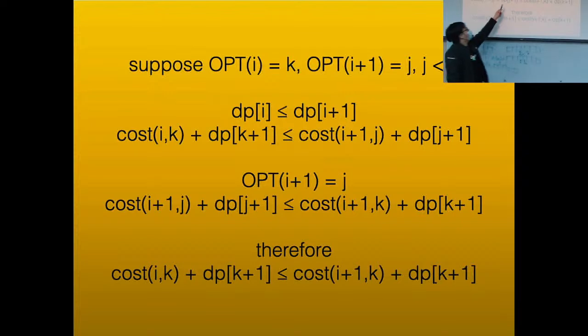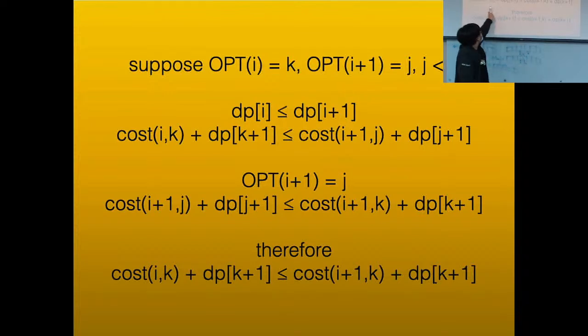Okay, and then we know dp(I) is smaller than dp(I plus 1), and we know that OPT(I plus 1) is j, which means because j is some of these things that we got. But the idea is that because OPT(I plus 1) is j, we know that taking this value is smaller than taking this value, right?